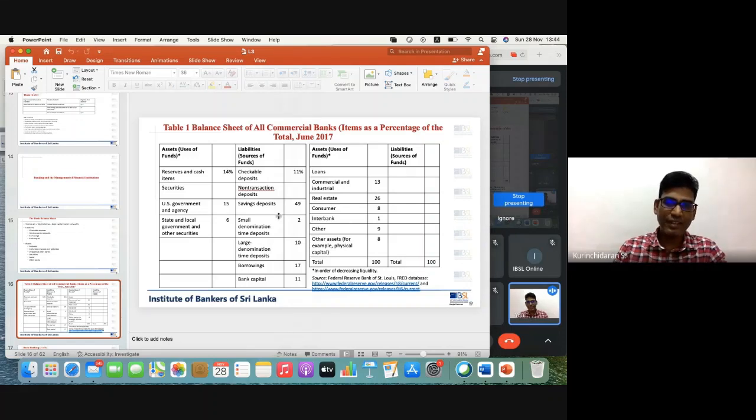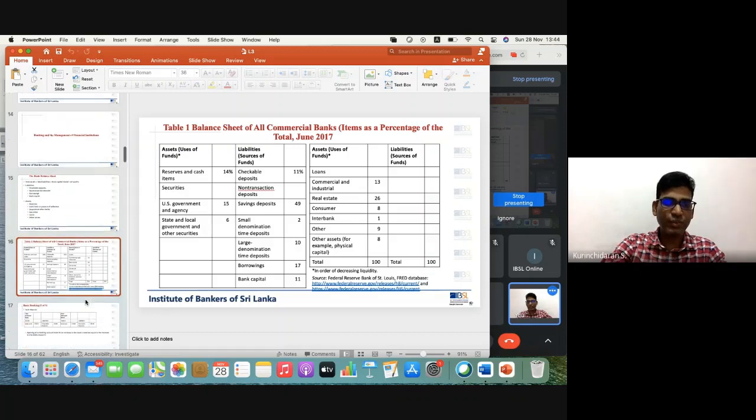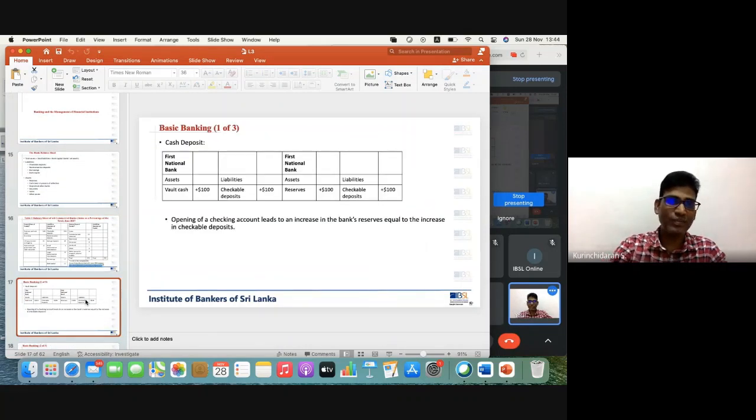So they are maintaining bank capital at 11%, but ours is higher. We always have a capital range of 12 to 15%. Okay, so these are basically the major items in a balance sheet. You might be able to understand, right?